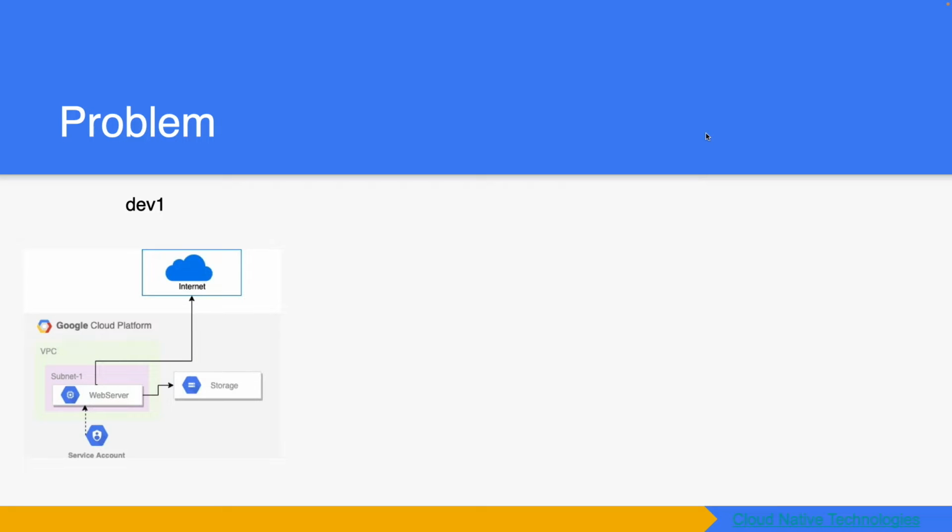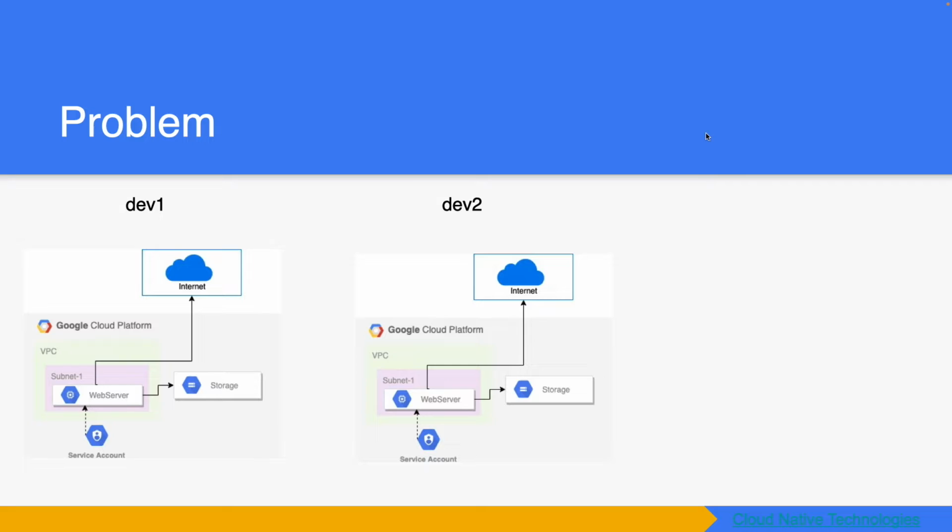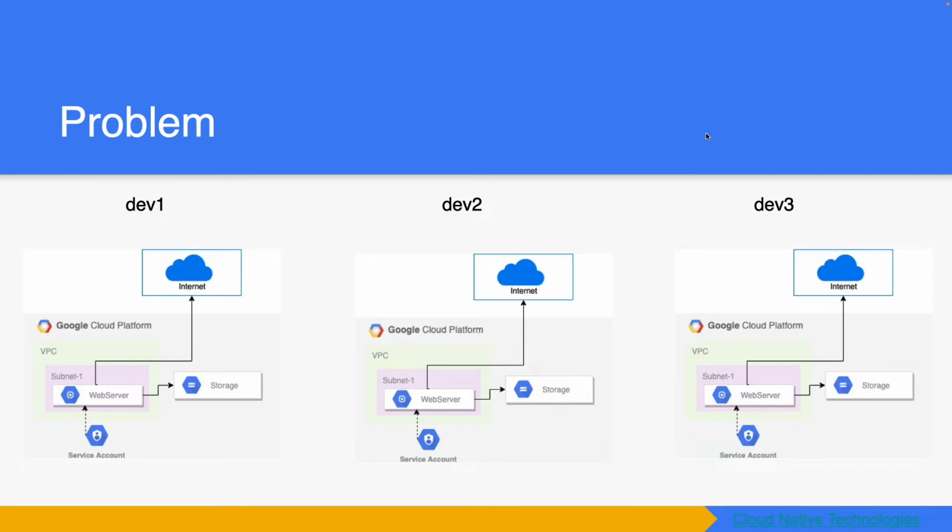Or another scenario could be that you have multiple dev environments and you need the same infrastructure for separate developers or set of developers. So you need to create the same infrastructure in multiple GCP projects. So if we have the code defined in the previous fashion, you would basically be copying the code again and again for each project.